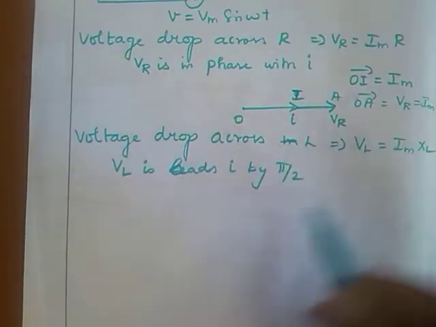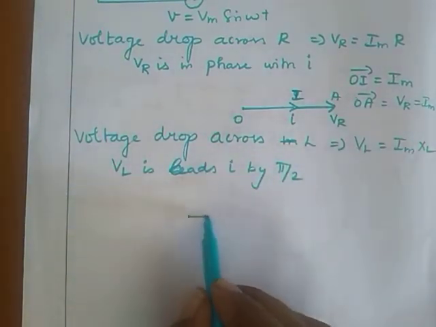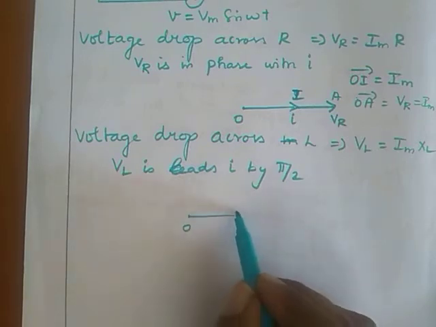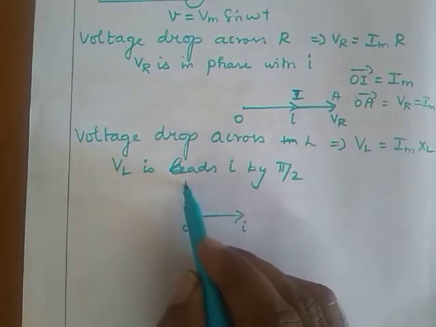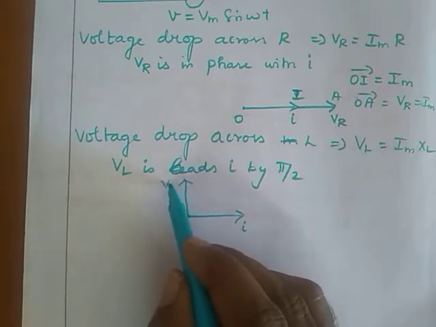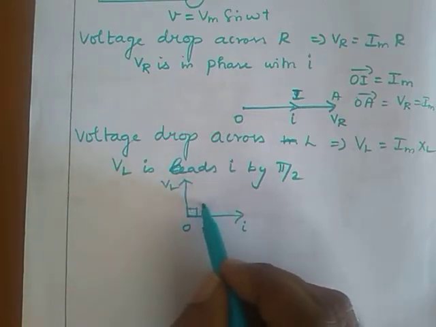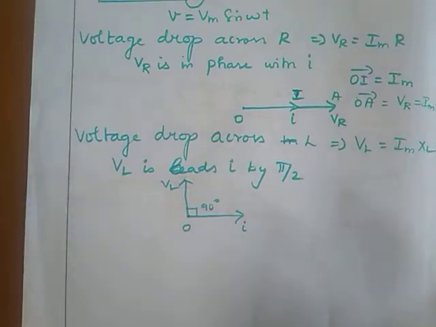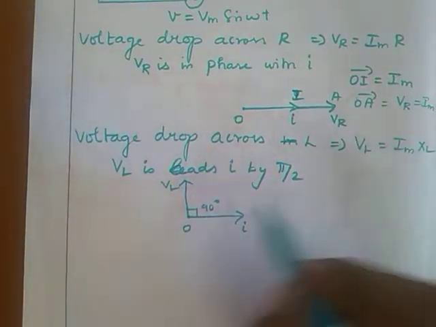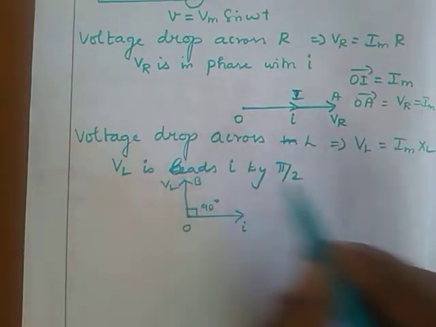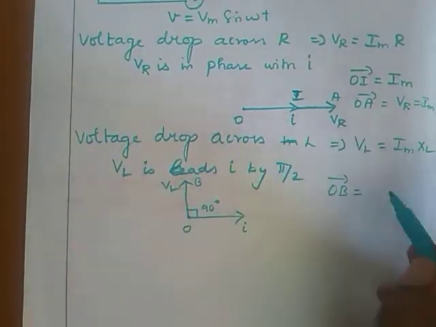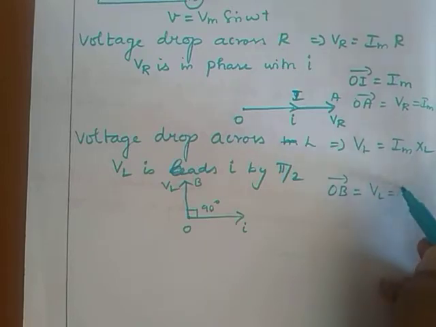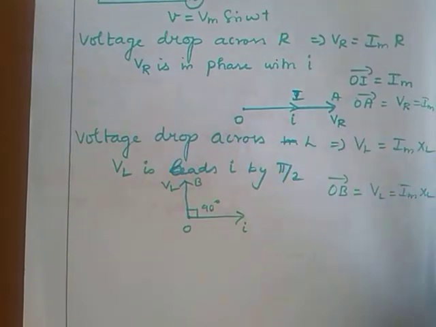For this case I draw a phasor diagram, O to I. Then the voltage is here, this is VL. It leads the current by phase angle 90 degree. So this one I named as B. Then the OB vector, this phasor, is named as VL, that is equal to Im XL.